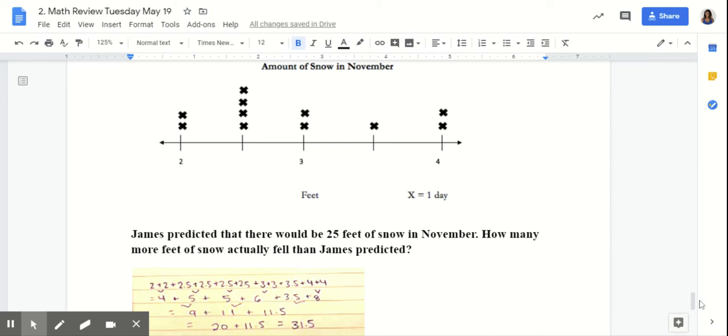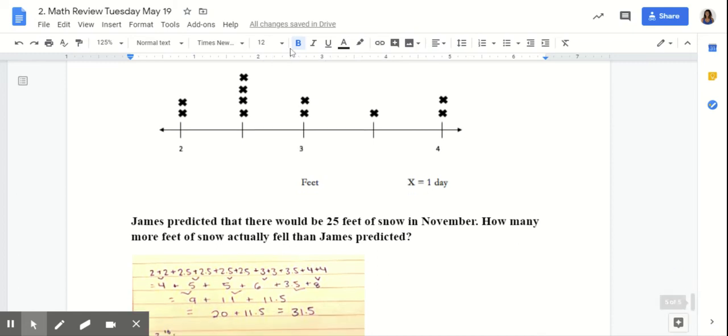I also know that on the next piece of my line plot, there were 1, 2, 3, 4 days that had 2.5 feet of snow. So I make sure to include 2.5 4 times in my number sentence. 3 feet of snow had 2 days. I included 2 days for 3 feet, 1 day for 3.5, and then 2 days for 4.